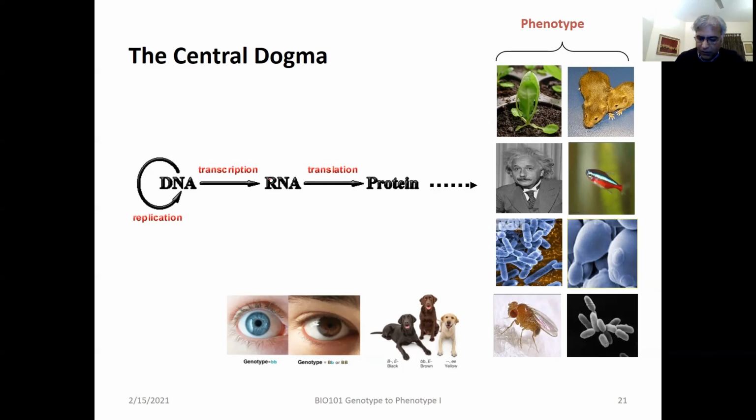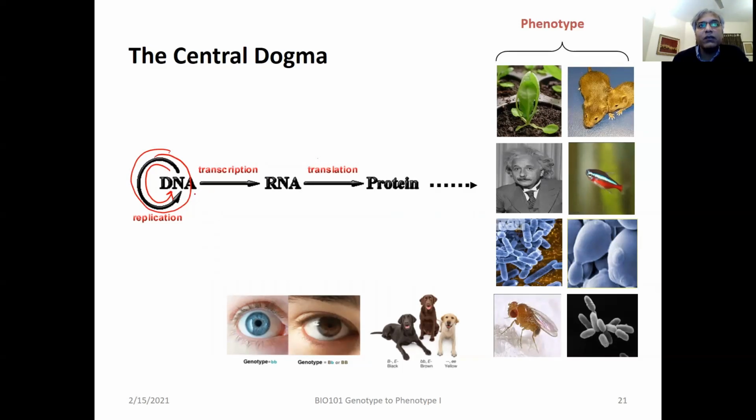Okay, so you have a DNA molecule. This arrow means it can replicate. I just explained why replication is important. In order for a cell to grow, it has to decode its DNA.